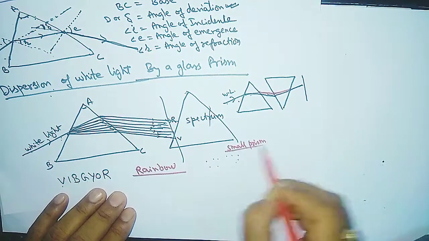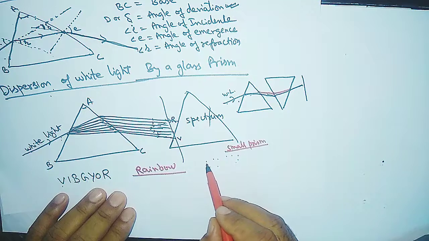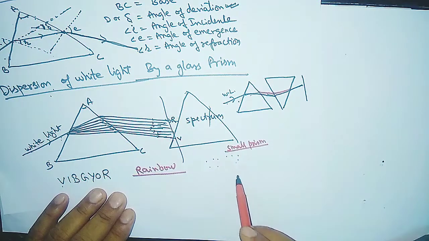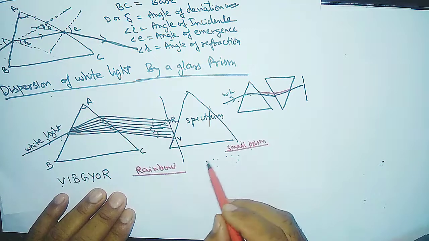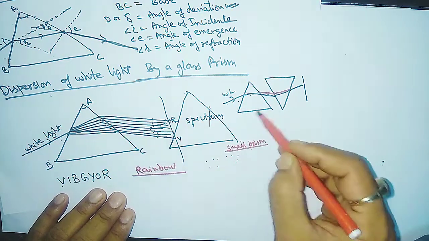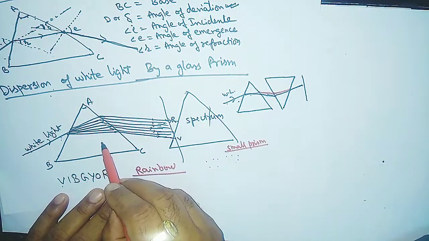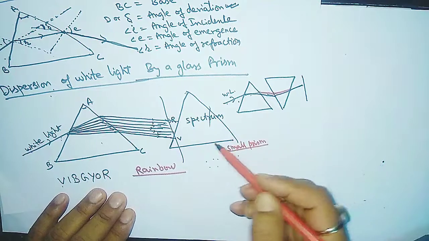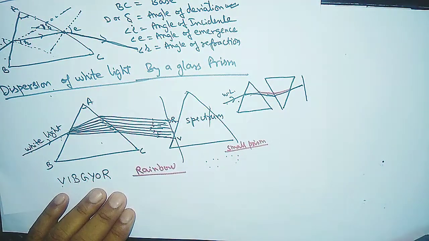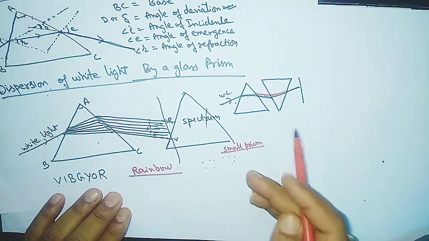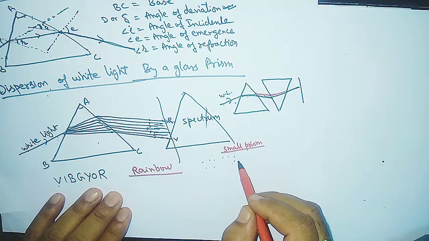And every prism shows the dispersion of the sunlight. So when the sunlight passes through the prism, it is refracted, and we get the result of all the rays refracted by so many prisms in the form of the rainbow.